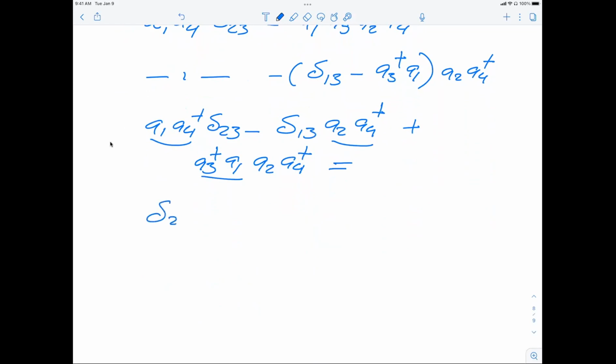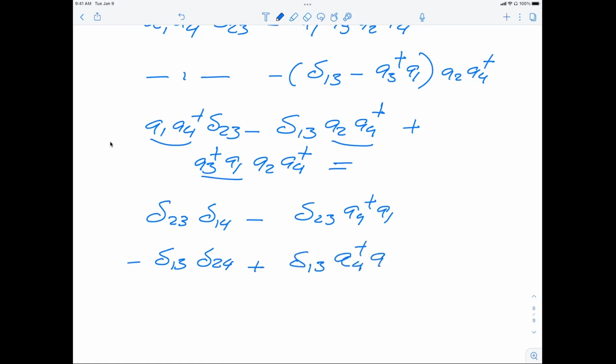So I get a delta 2, 3, a delta 1, 4, minus a delta 2, 3 of A4 dagger, A1, minus a delta 1, 3 of delta 2, 4, plus, and then I have a delta 1, 3 of A4 dagger of A2.